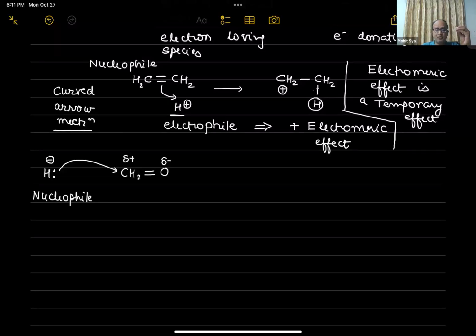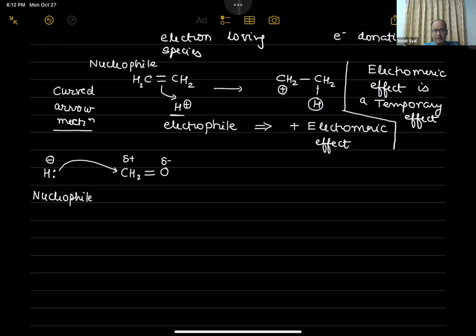The carbon is making four bonds. If the H minus comes and gives its electrons, can carbon make five bonds? If H minus also gets connected to CH2O, how many bonds will it have in total?